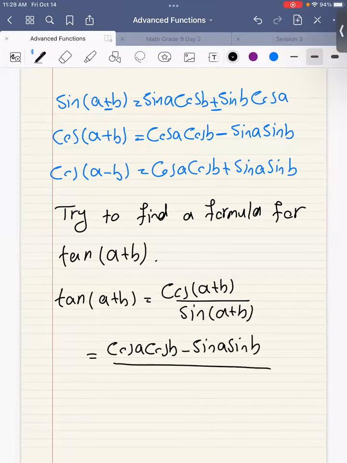And sine of A plus B, again, you have to use the above identities, you can say that it's sine A cos B plus sine B cos A. Now, what can you do here? Simplify sine A and sine? No. You factor out sine A? No, cannot.